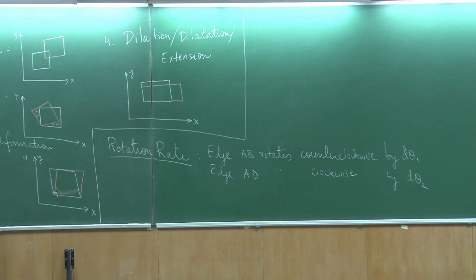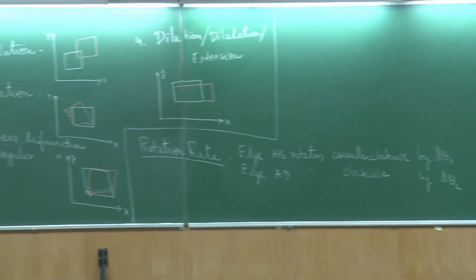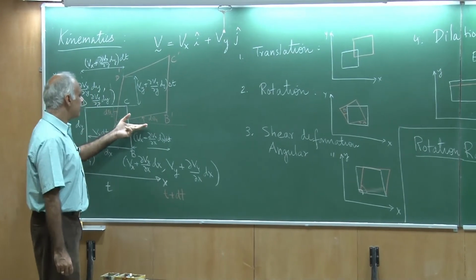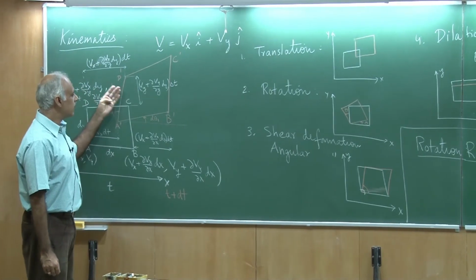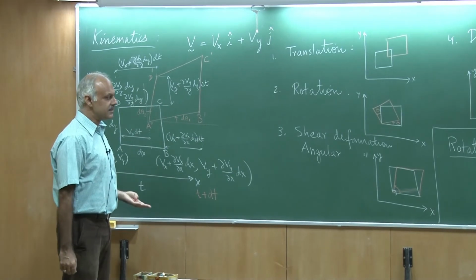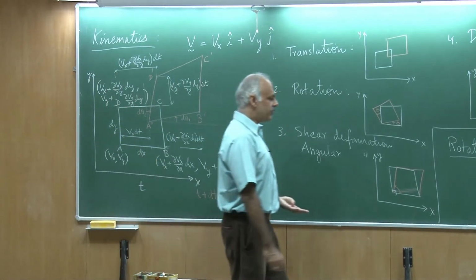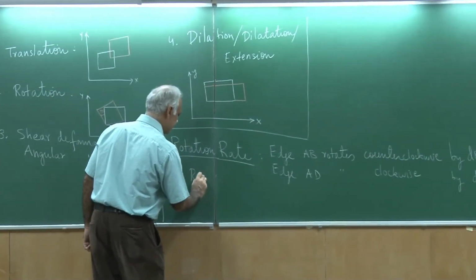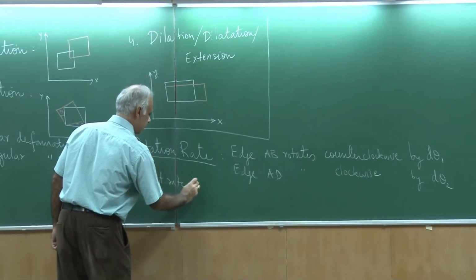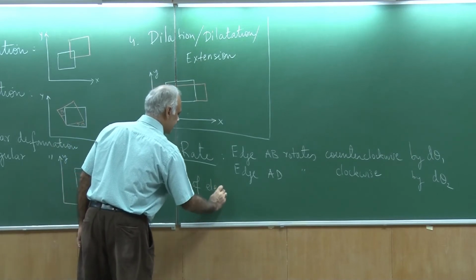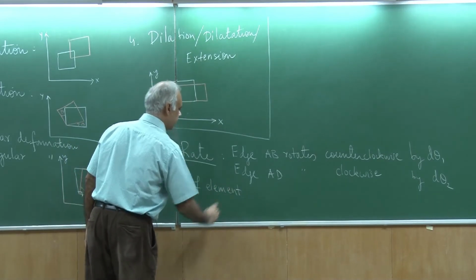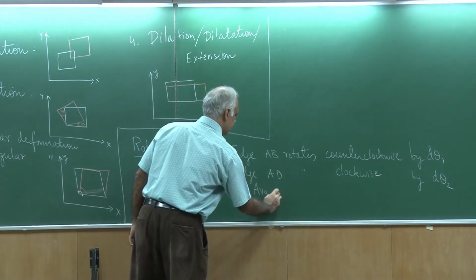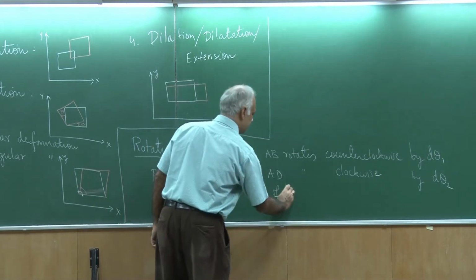So, what therefore is the net rotation rate of the element? Okay. So, now there is some kind of an ambiguity. I mean, the two edges are rotating at different speeds. So, therefore, we can come to terms with it that the rotation rate of the element is the average of the two.